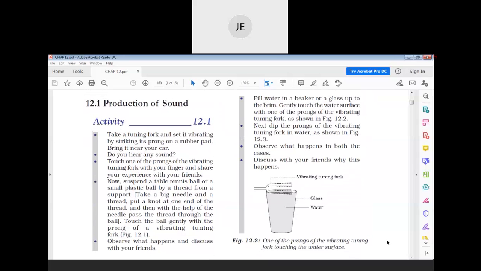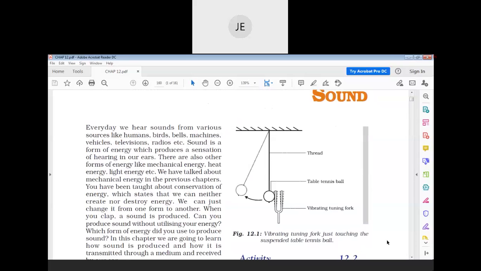You will hear some sound. This is the tuning fork, and it is used by ENT specialists to test whether your ear is working, whether you are able to hear properly or not.